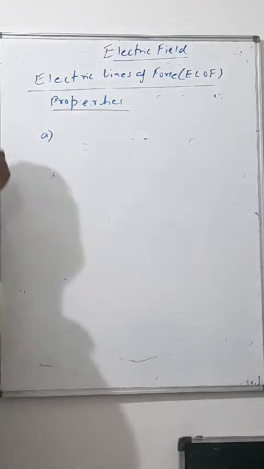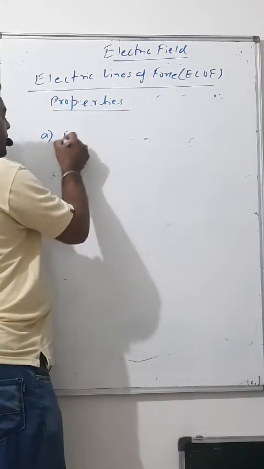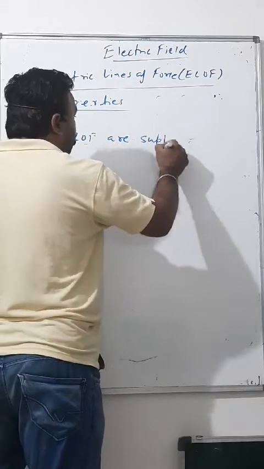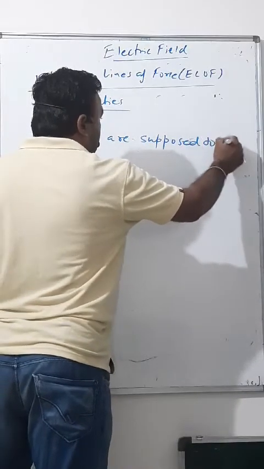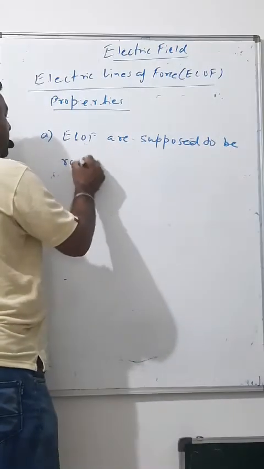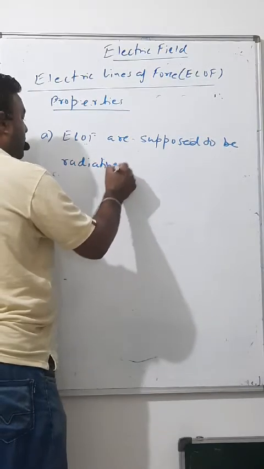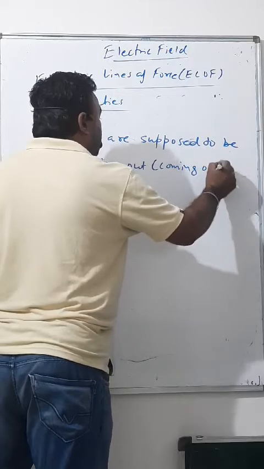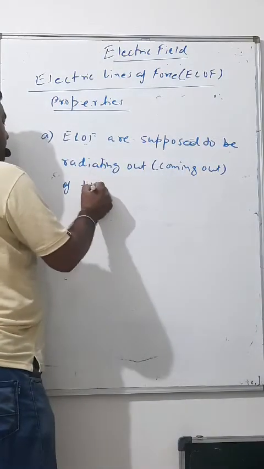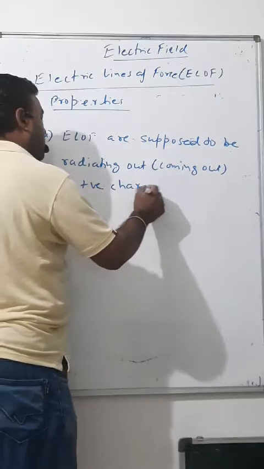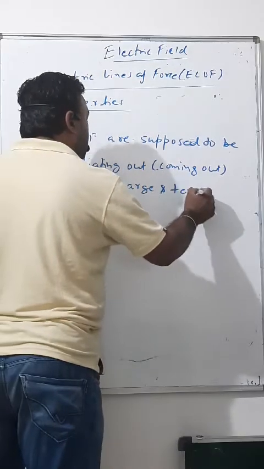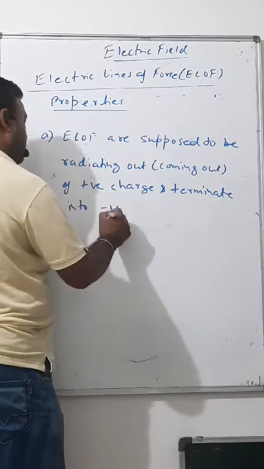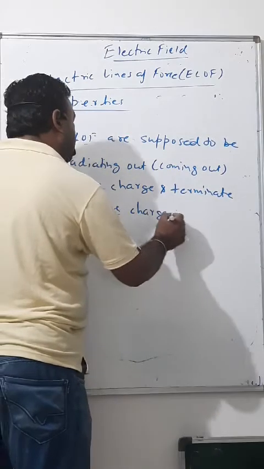First property: electric lines of force are supposed to be radiating out, or I should say coming out of a positive charge and terminate into a negative charge.